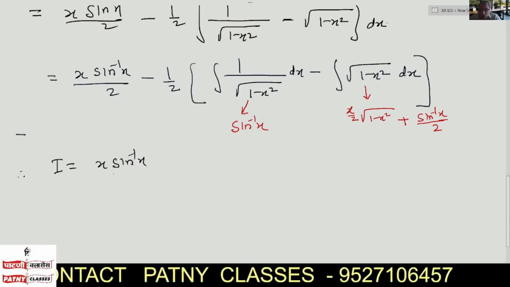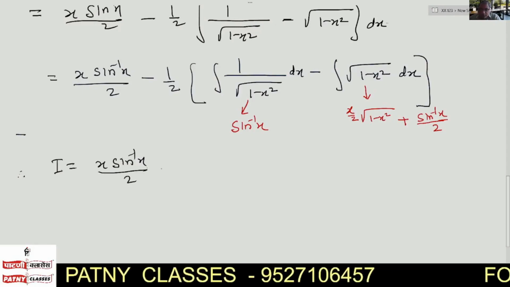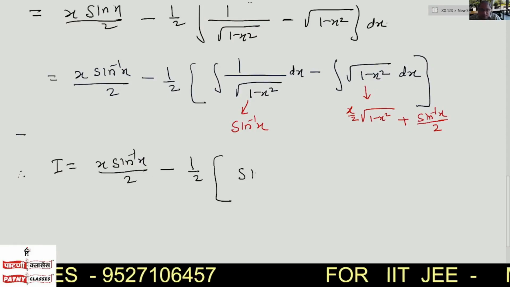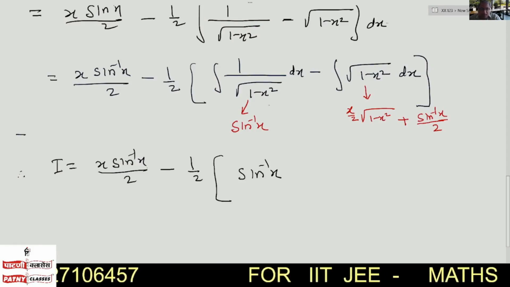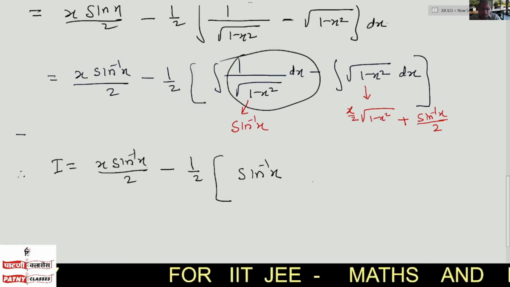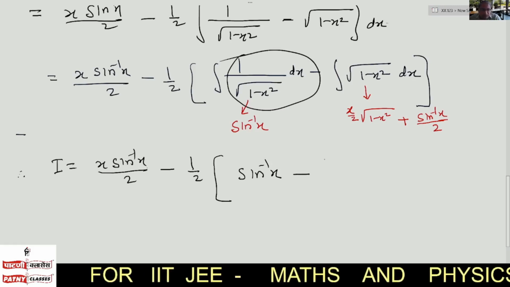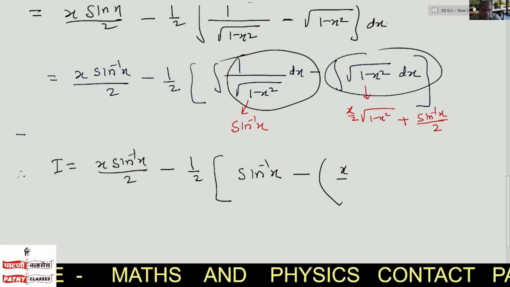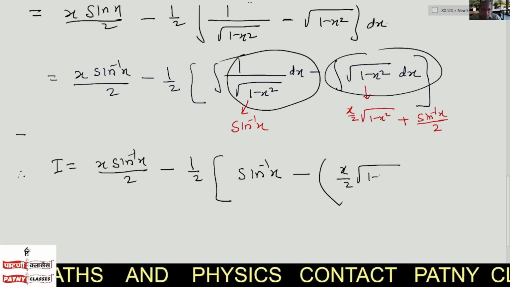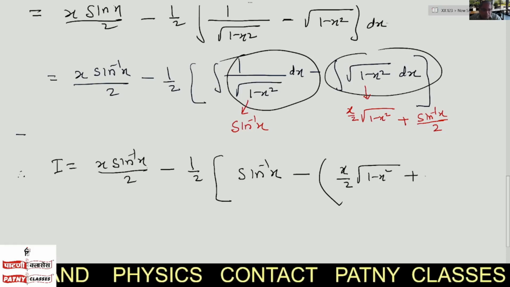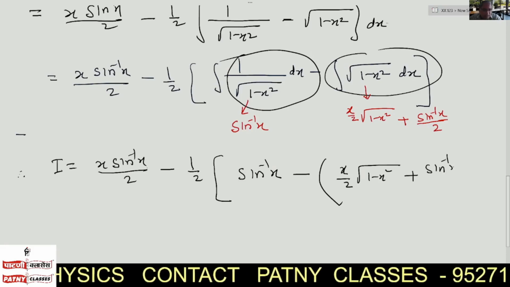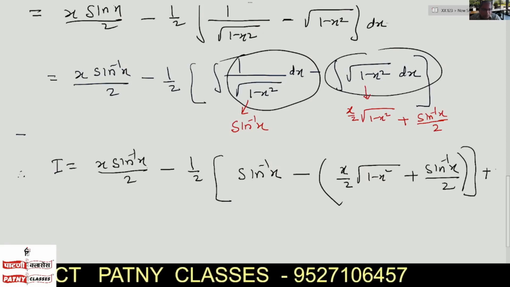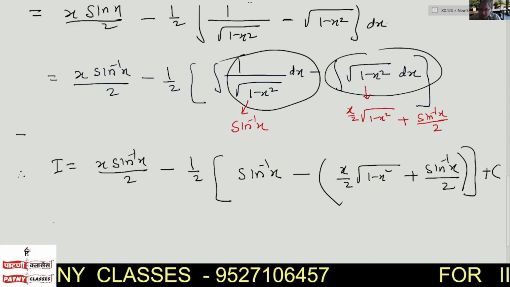Therefore I equals x sine inverse x upon 2 minus 1 by 2. Now writing the respective results: the result of this part is sine inverse x, minus, and the result of this part we are writing, that is x by 2 under root of 1 minus x square plus sine inverse x upon 2. Now the entire answer is plus c.